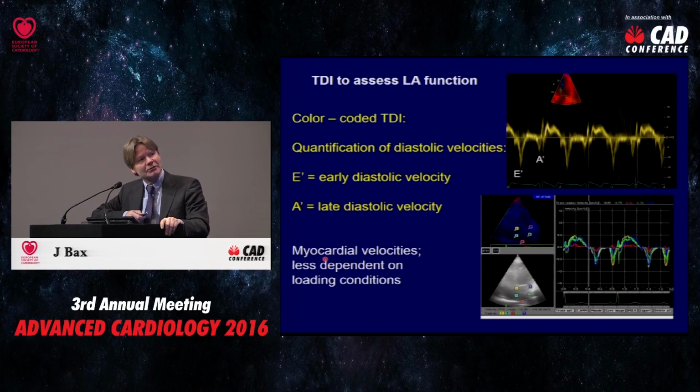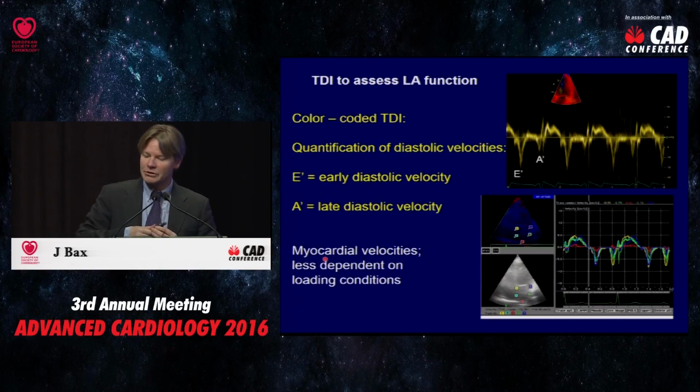So this is quantification of diastolic velocities, where the E prime is the early diastolic velocity and the A prime is the late diastolic velocity. And it's again this late diastolic velocity that's the booster pump function. So if you want a quick shot to assess the booster pump function, you do the A prime, late diastolic velocities. And these myocardial velocities don't depend much on loading conditions.